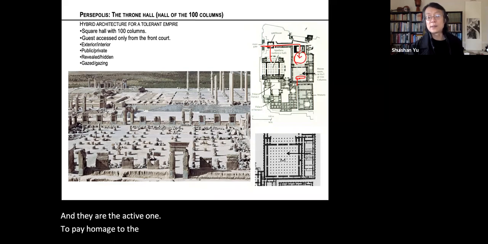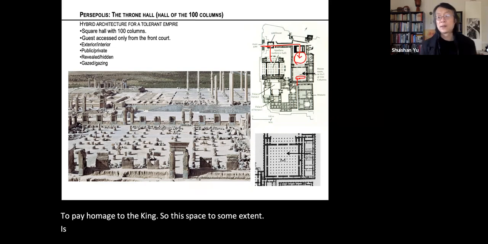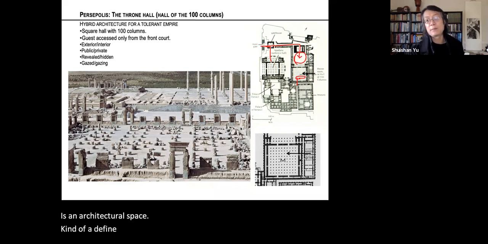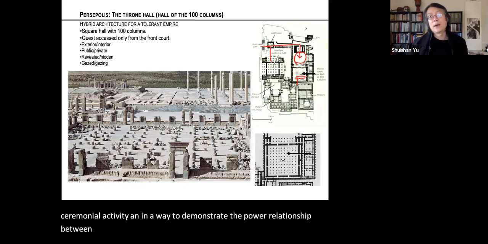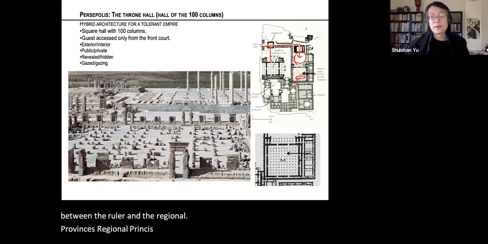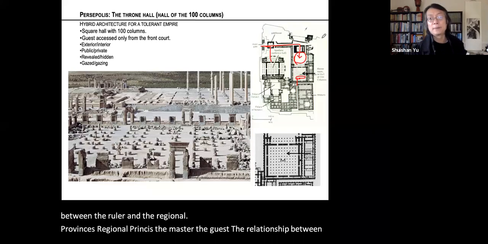So this space, to some extent, is an architectural space that defines and regulates the behavior of different parties of the ceremonial activity, and in a way demonstrates the power relationship between the ruler and the regional provinces, the regional princes, the master and the guest, the relationship between the ruler and the subjects.